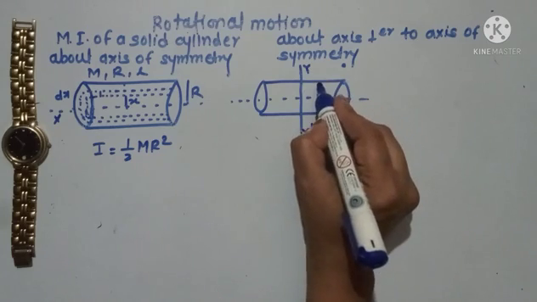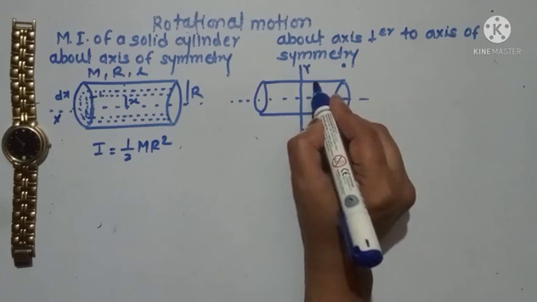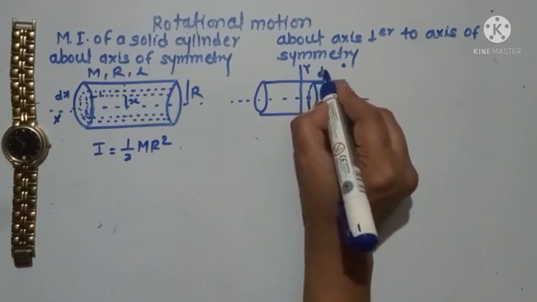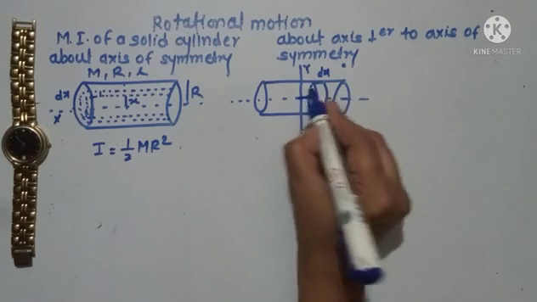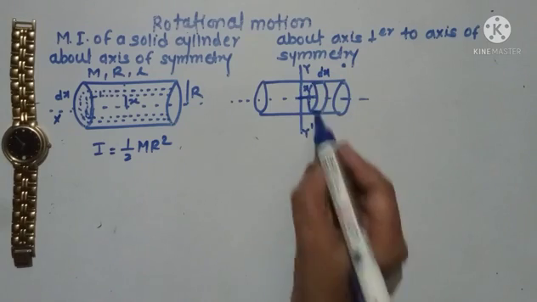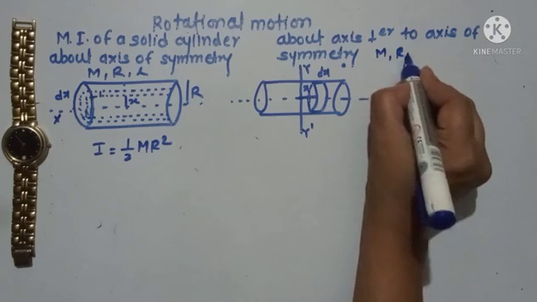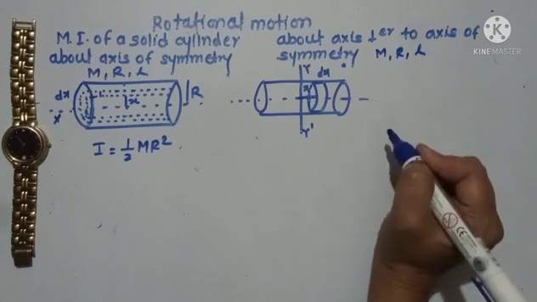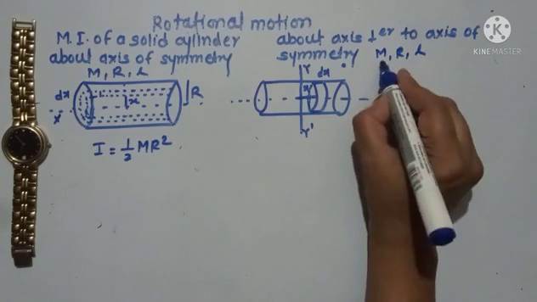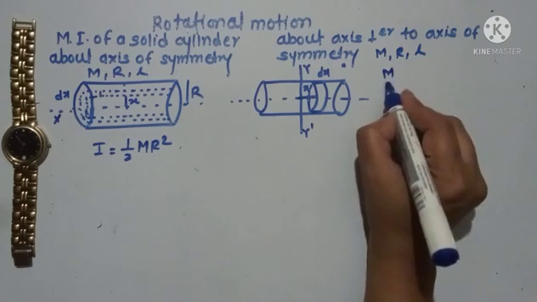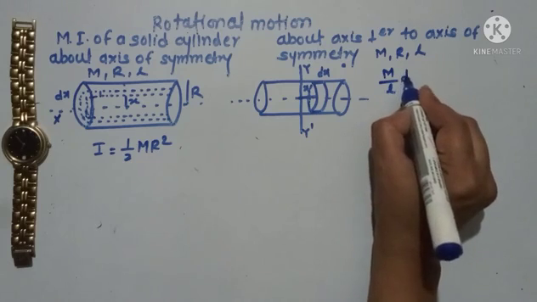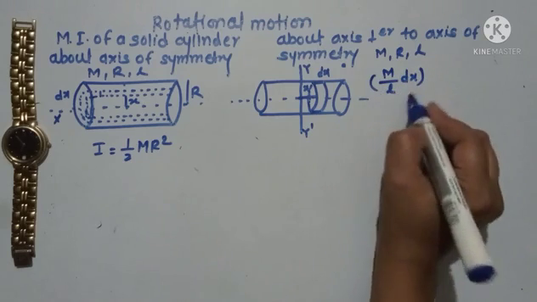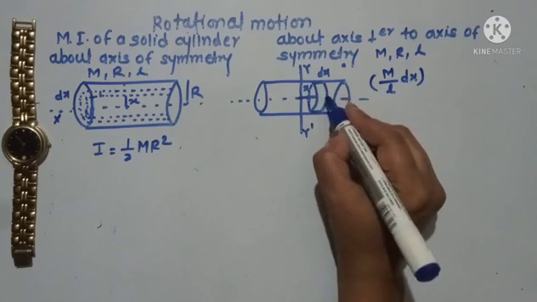Now we have to consider the small coaxial rings of width dx and having distance x from the axis of the rotation. Now m be the mass, r be the radius, and l be the length of the solid cylinder. Now if this is the case, then m upon l into dx will be the mass of this small disk.